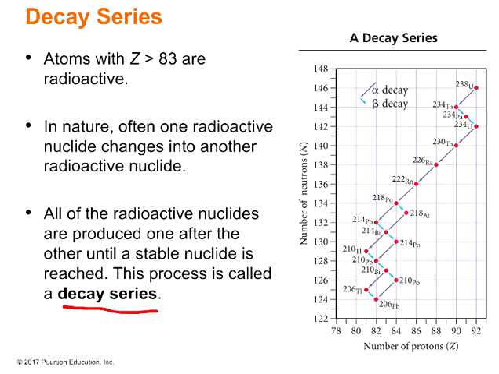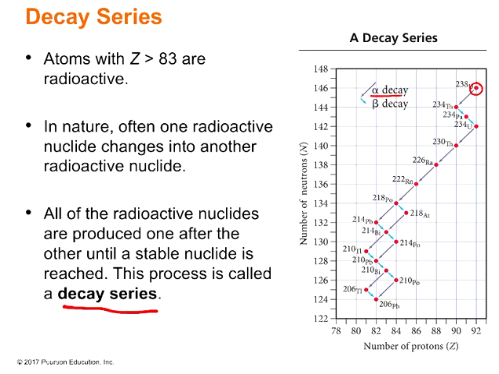Off to the right, we can see that uranium-238 goes through a whole decay series here. So initially, it undergoes alpha decay, which is shown by a purple arrow, to produce thorium-234.